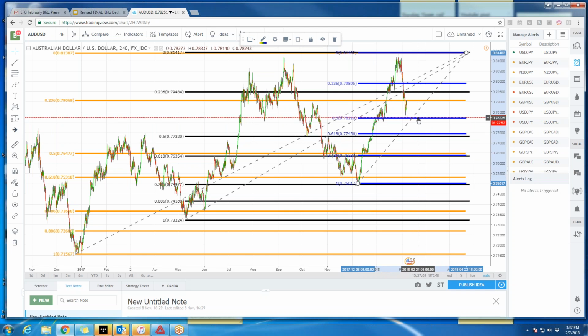This zone isn't as strong, but it is a 50 on the blue, so we have to respect the 50. Honestly, I'm thinking that it'll go through the 50 and come down here to the 61.8 and the 50 for the black. And I'm saying it's going to come to the 50 for the black because, as you see, this is pretty much our zone for all of the Fibonacci.